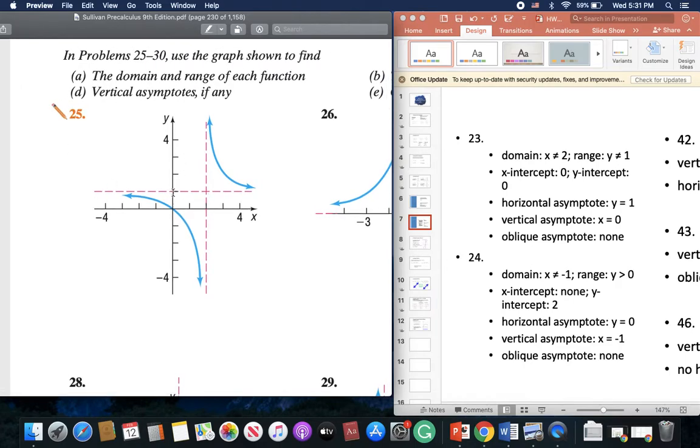This line's name is y equals 1. Suppose if I draw a line here at 4, this will be y equals 4, a horizontal line. Then the vertical line. This is the vertical line, right? And where is it? This is at positive 2. So the vertical asymptote is x equals 2.